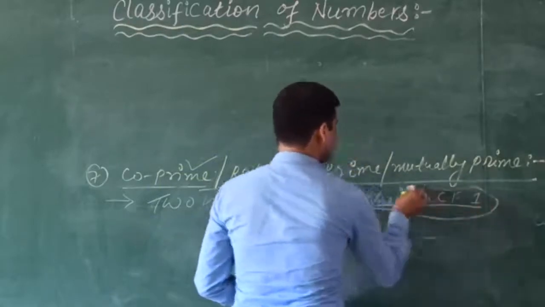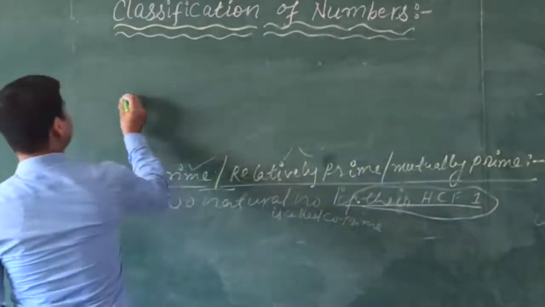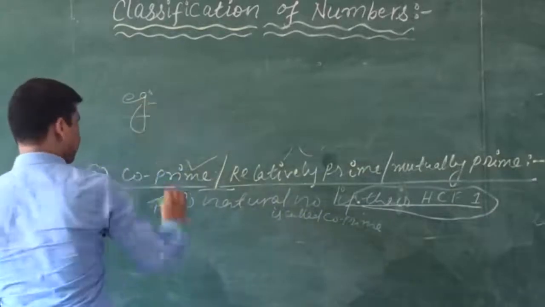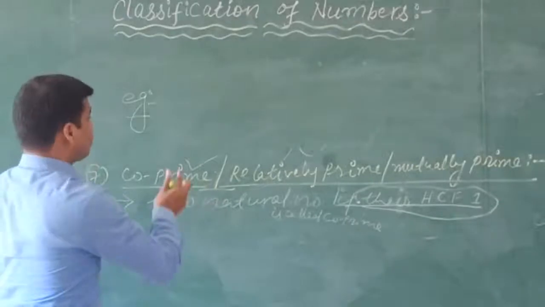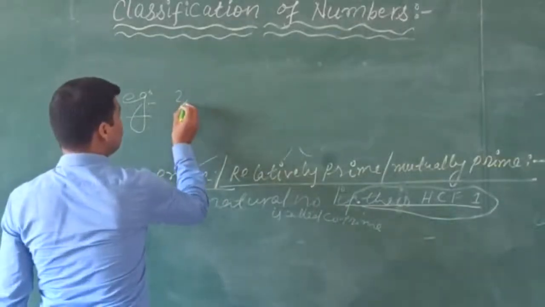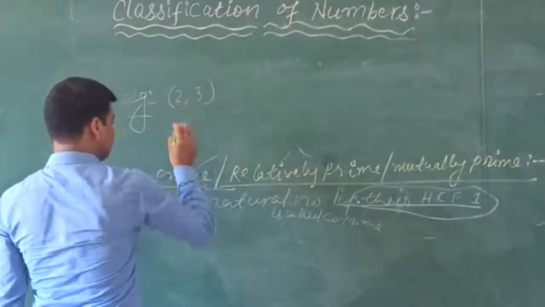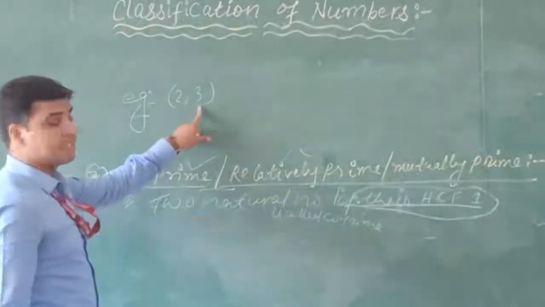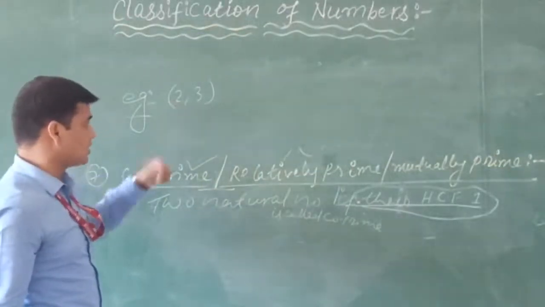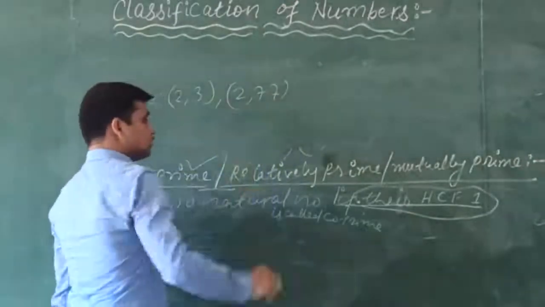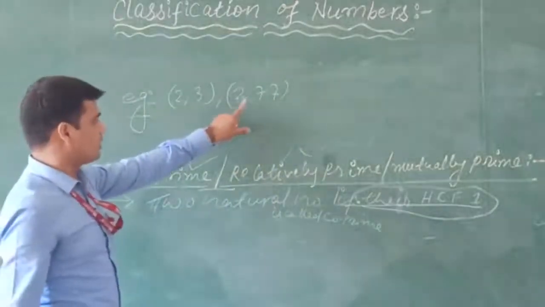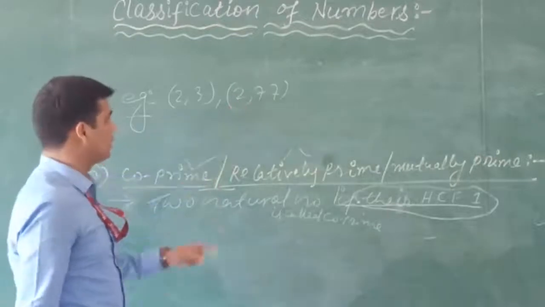If their HCF is 2, then they are not co-prime. See this, I am going to take an example. This is a twin prime. Two natural numbers whose HCF is 1: 2 and 3. Yes, 2 and 3 are natural numbers and their HCF is 1. Similarly 2 and 7, yes, these are natural numbers and if you check the HCF, you will get 1.